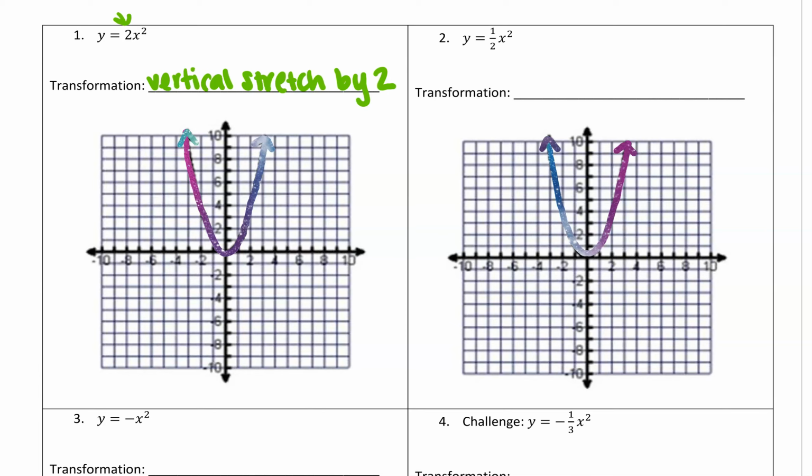If you were in class, what you would do is probably use your calculator. But I'm going to just take that table that we had a little bit earlier up at the top. You can write it here if you like. And because that value is 2, what I'm going to do is basically double each of these y values. So that's how I'm going to create this vertical stretch.